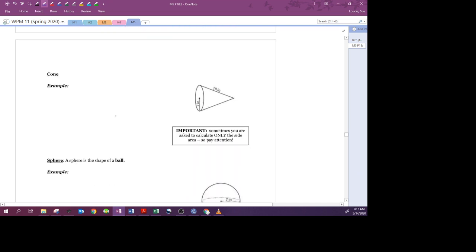A cone has its own formula as well. And the surface area of a cone is pi r squared plus pi rs. And S in this case is called the slant height. And it's basically how long is the slanted part of the cone.